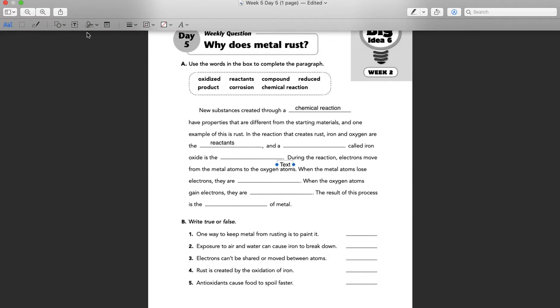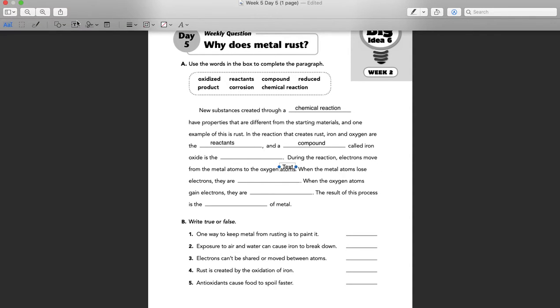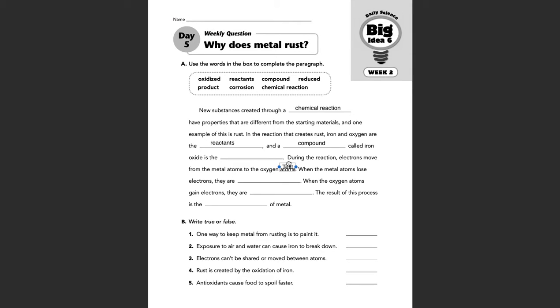A blank called iron oxide. Iron oxide, remember if it's requiring iron and oxygen, that is a compound, two things. And that is, iron oxide would be the product of the combination of iron and oxygen.